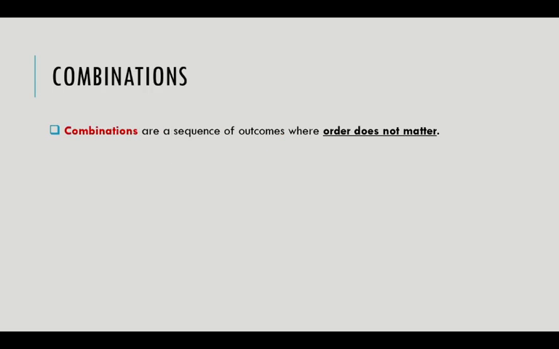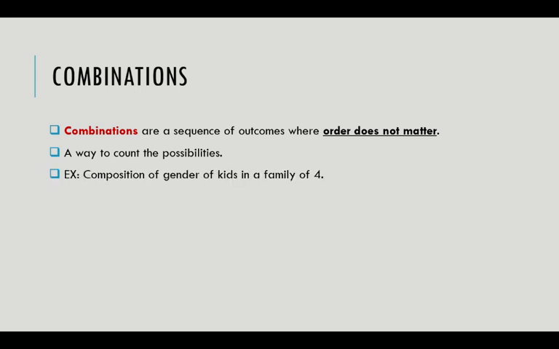So that's a combination. Combinations are a sequence of outcomes where order does not matter. So do I match the lottery numbers? It doesn't matter if I match them in the order they're called out. Combinations are simply a way to count the possibilities. For example, let's take an easy example.